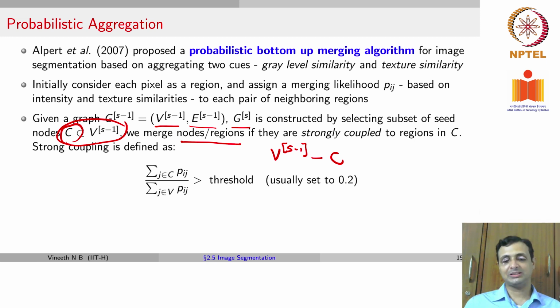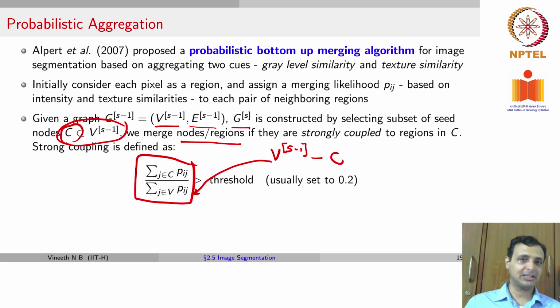You consider those pixels, and for whichever pixels you have the summation of Pij, j belonging to C, divided by the summation over j belonging to V^(s-1) minus C of Pij. When this ratio is greater than a threshold, you know that there are certain pixels that are quite likely to merge with the pixels in the region C itself.